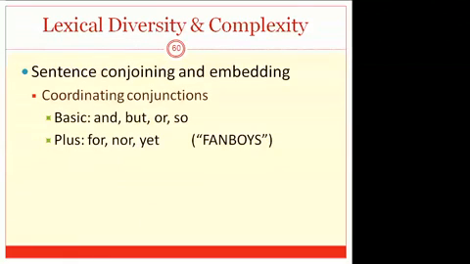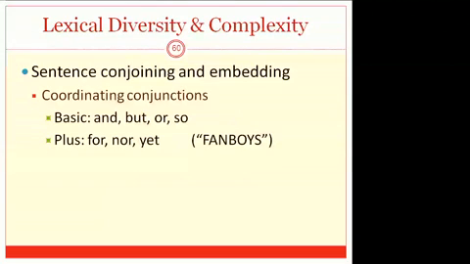Begin by looking at instances in which the student has conjoined sentences or embedded clauses, because the student's choice of coordinating conjunctions will give us insight into their command of those conjunctions and the various vocabulary words that are used. For instance, the coordinating conjunctions and, but, or so are very basic.